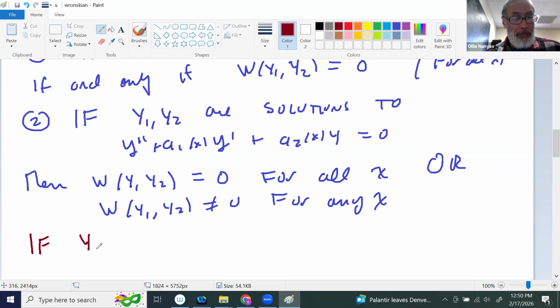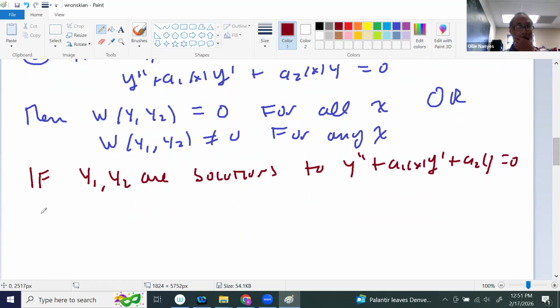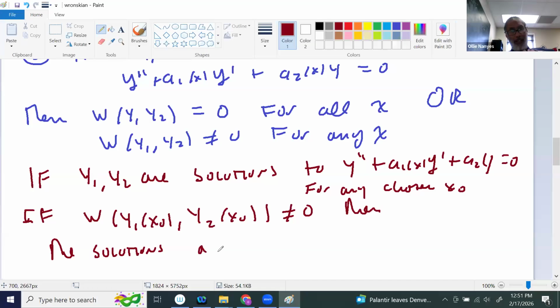If y1 and y2 are solutions to this, a linear second order differential equation, if they're solutions to the same differential equation, then we can check, and if the Wronskian evaluated at any point whatsoever in the domain of validity, in other words, for any chosen x naught, is not 0, then the solutions are linearly independent.